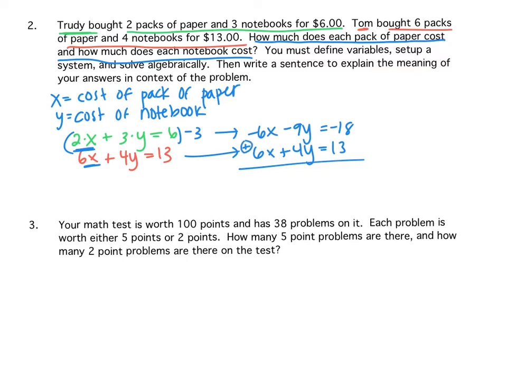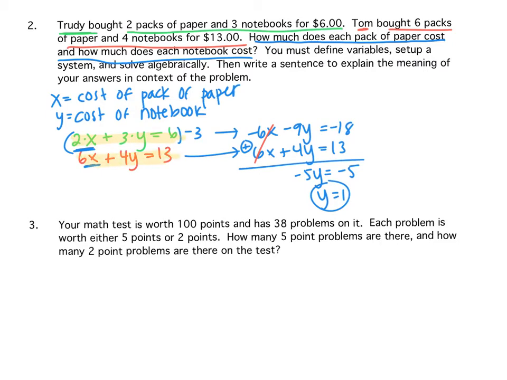And we add. In this case, our x's cancel, which is what we were trying for. Negative 9y and 4y gives us negative 5y is equal to negative 5. y is equal to 1. Okay, now I need to find x. I have a few different options. I can use this top equation in green, bottom equation in red.